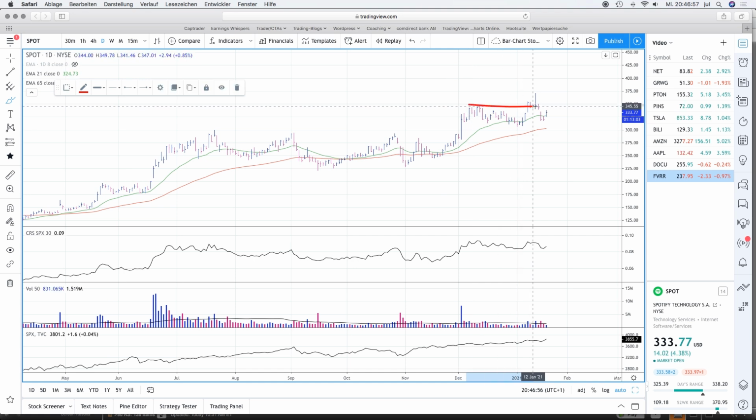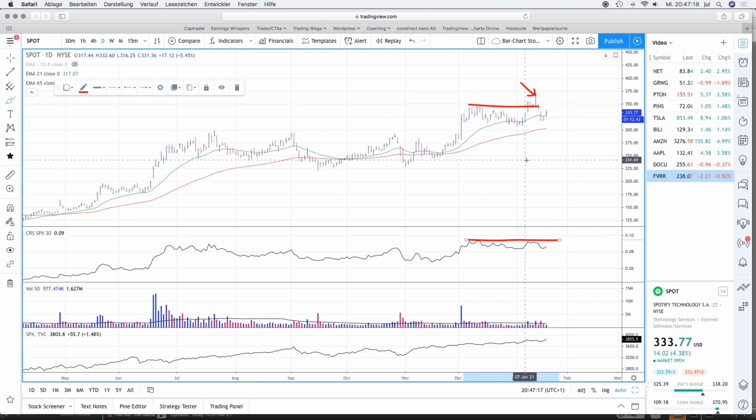So you can see here that was a very strong day, and it reversed completely. So you had, I think, the stock was 7% or something up on that day, and the RS line was also on a new high, and then the stock reversed completely and dragged the RS line down.